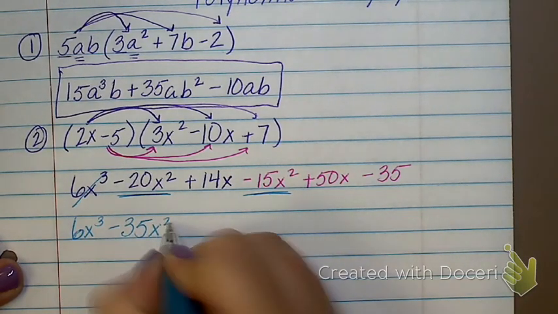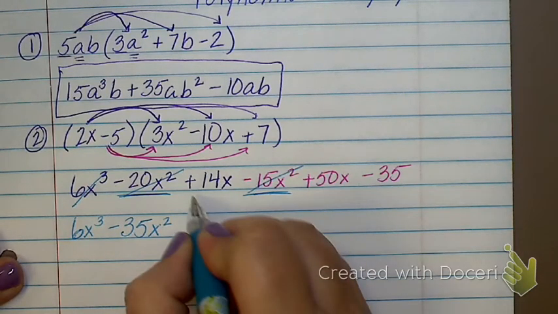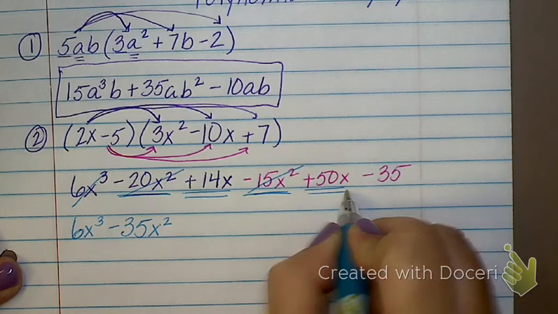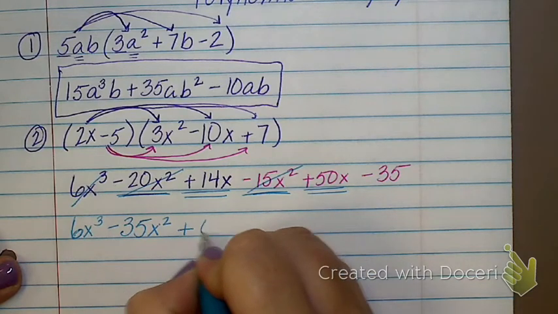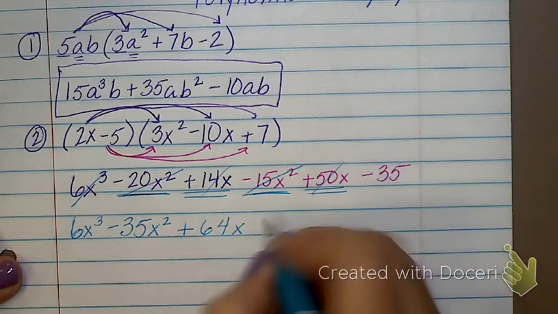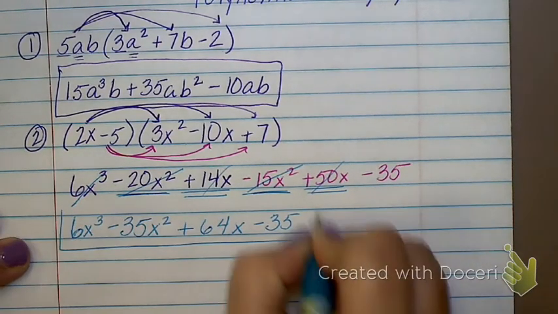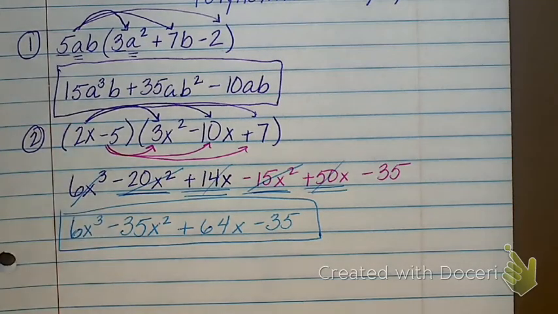Negative 35x squared. Now I'm going to go to the x's. I have an x term here and an x term here. 14x and 50x give me 64x. And then finally I have this minus 35 with nothing to combine, so that would be my answer. Easy peasy. Okay. So that's the distributive method.